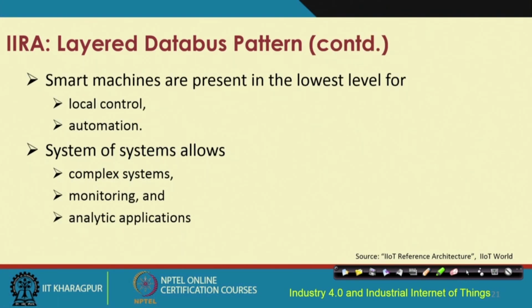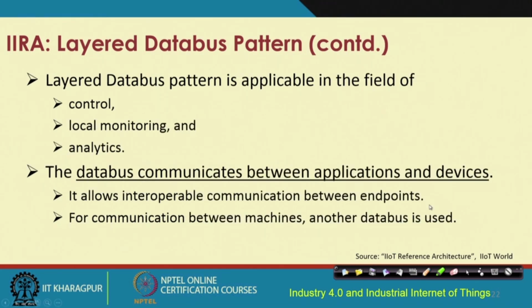So, here we are talking about use of smart machines. These smart machines at the lowest layer will help in local control and automation processes. System of systems layer allows complex systems to be executed, complex monitoring, complex processing and analytic applications, all of these things could be executed at this particular layer.